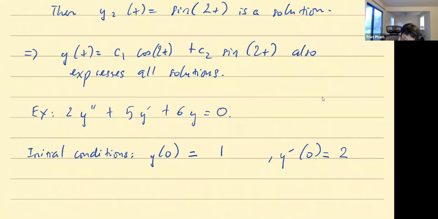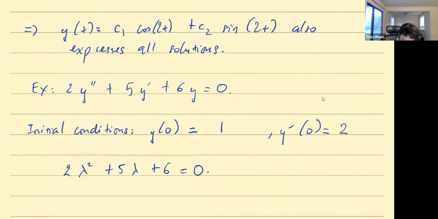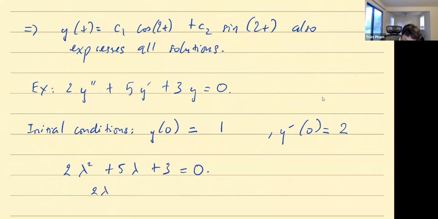Anyway, this would reduce to 2 lambda square plus 5 lambda plus 6 is equal to 0. I mean 3, I want it to be 3, sorry, to make it easy to factor. So that's going to be 2 lambda square plus 2 lambda plus 3 is equal to 0.